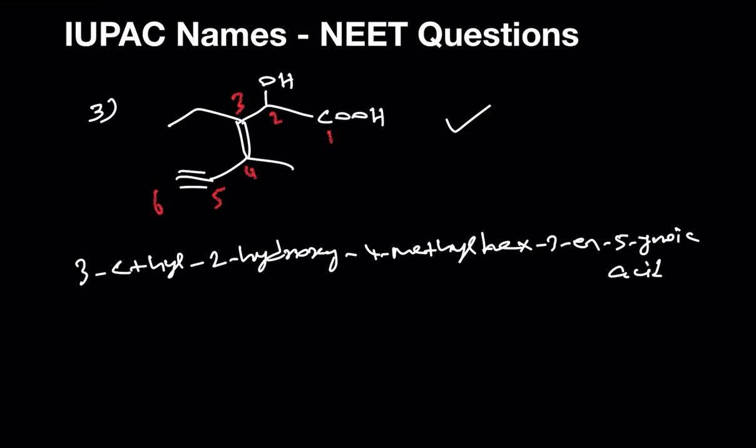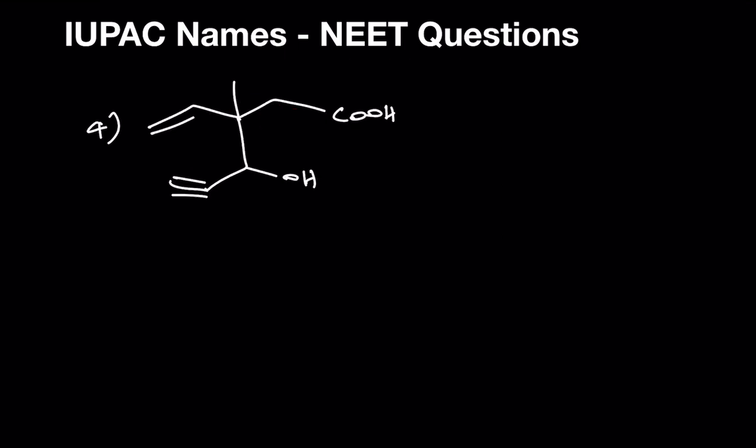Now let us find out the IUPAC name for the fourth one also. The fourth one is, once again, we have an ethenyl group at third position. Let's do the numbering first, 1, 2, 3, 4, 5, 6.